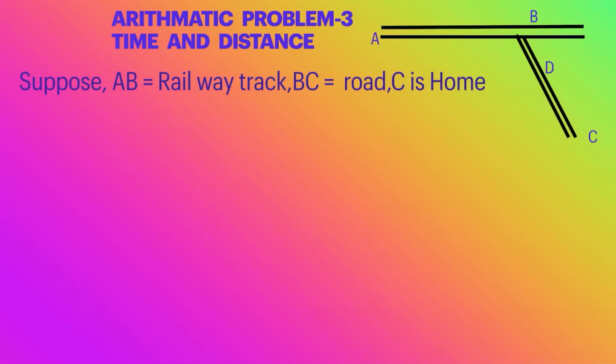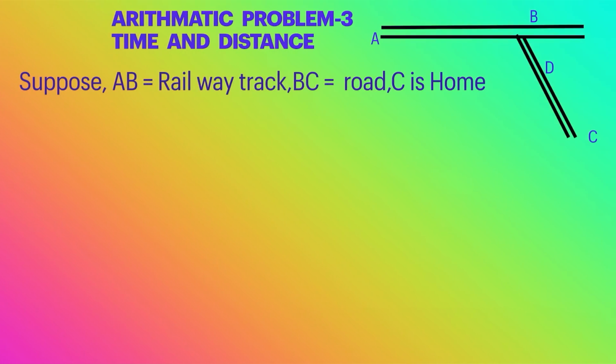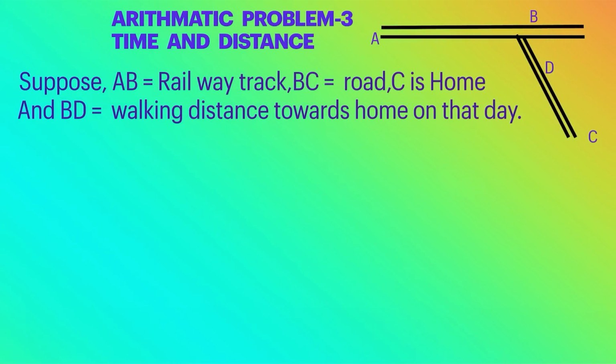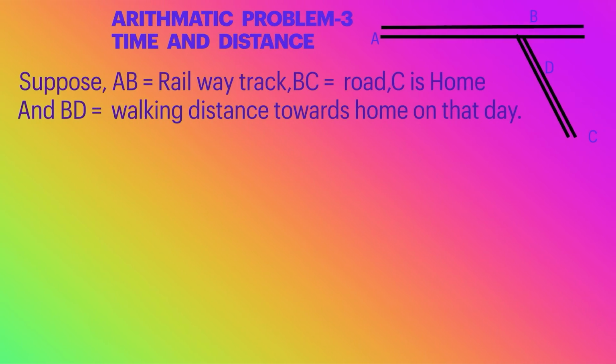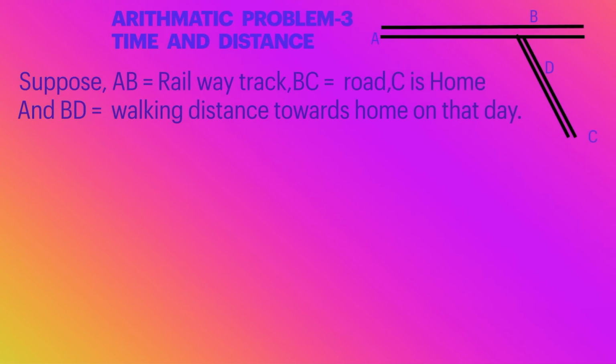So suppose AB is the railway track and BC is the road, and C is home, and BD is the walking distance towards home on that special day.